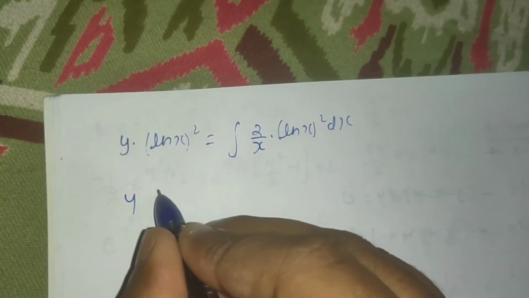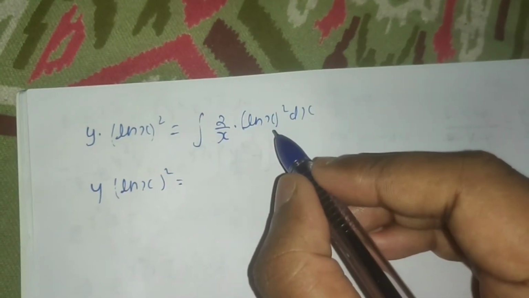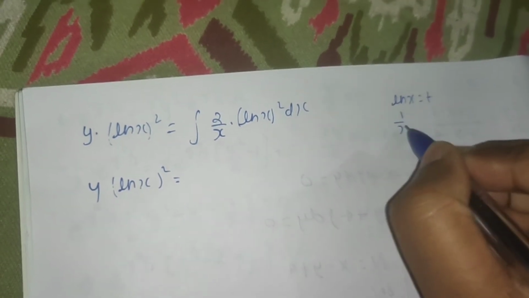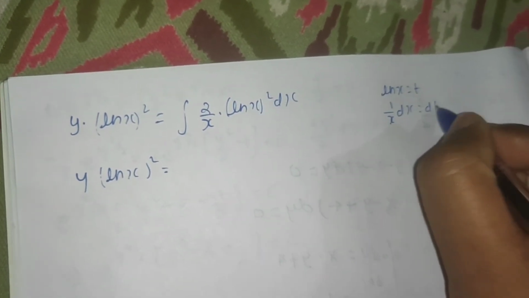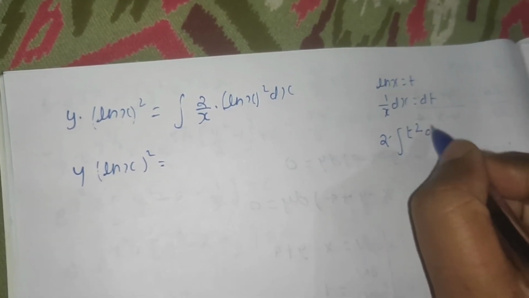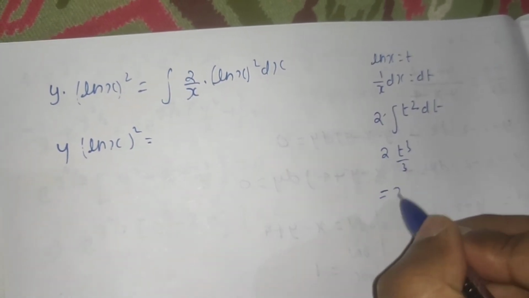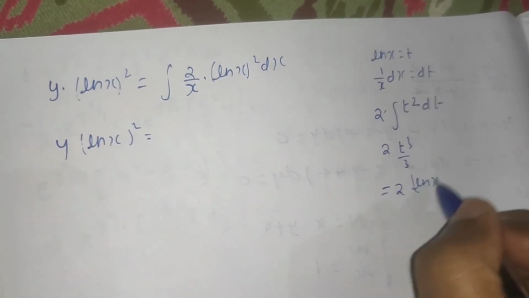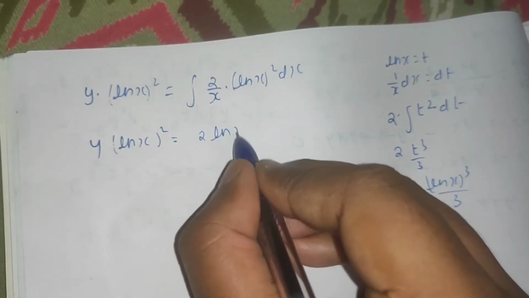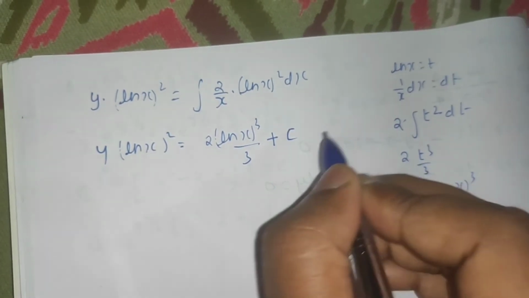Now in this particular integral again, if you take ln x as t, so 1 by x dx becomes dt. So you're getting 2 outside, t square dt, so 2t cube by 3. So 2t was your ln x whole cube divided by 3, so 2 ln x whole cube divided by 3 plus a constant c.